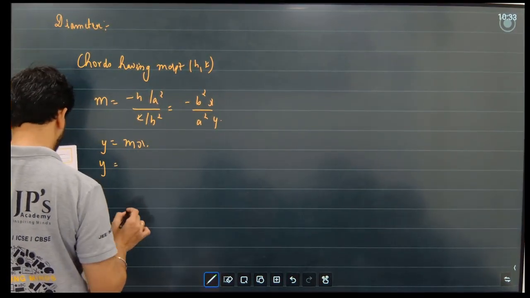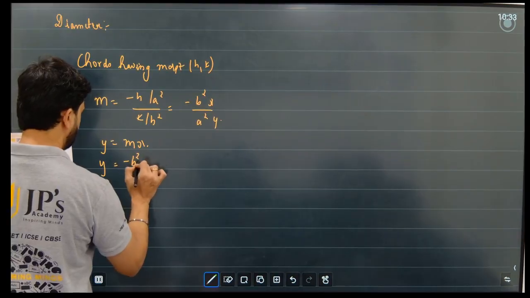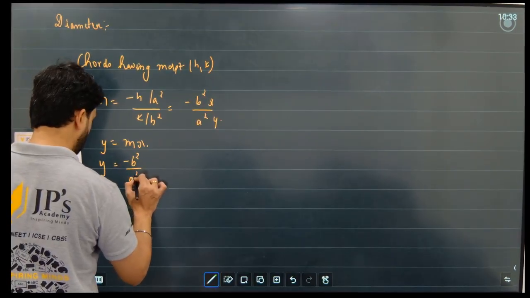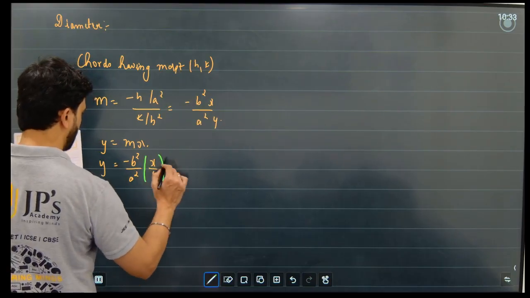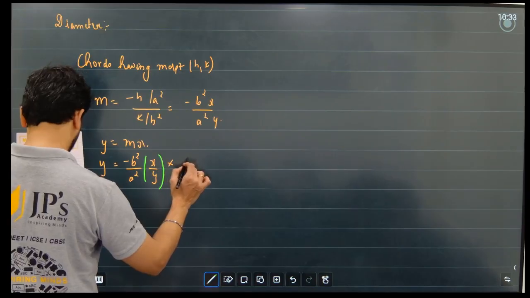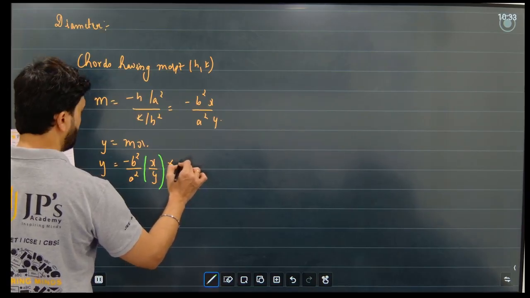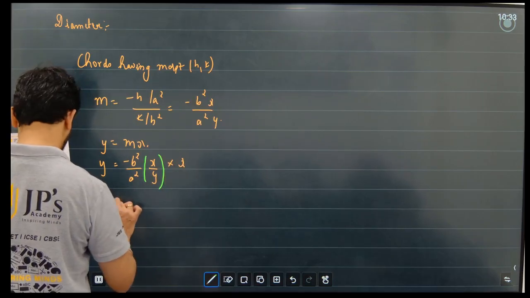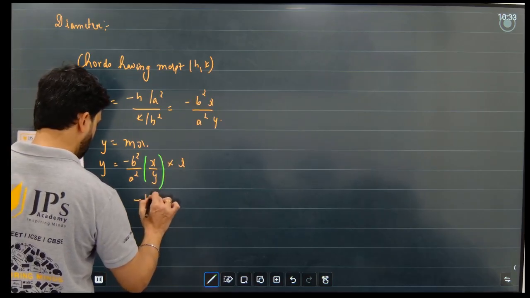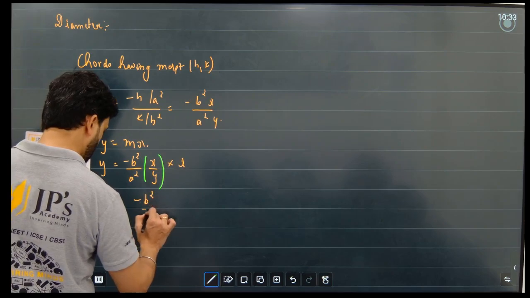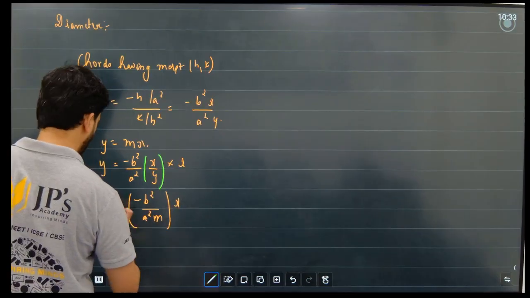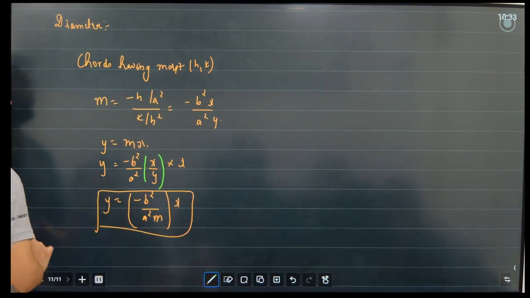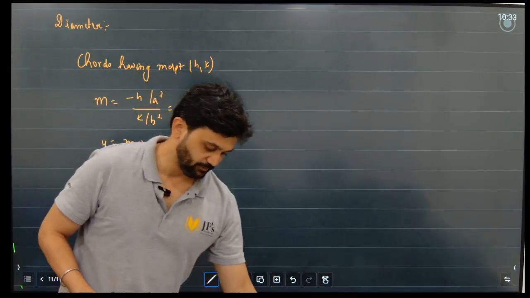Y is equal to minus b square upon a square x upon y, ऐसा लिखा मैंने, into x. Y is equal to minus b square upon a square m into x. Your ellipse gets over.